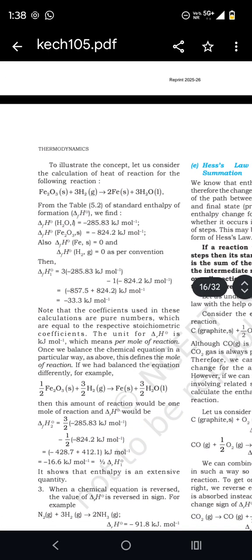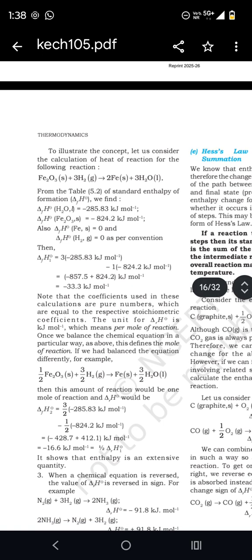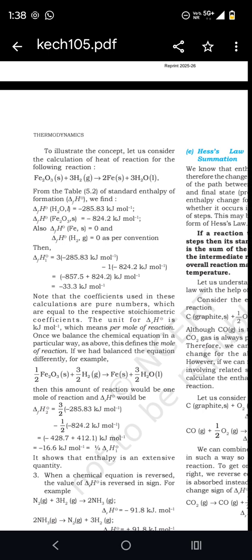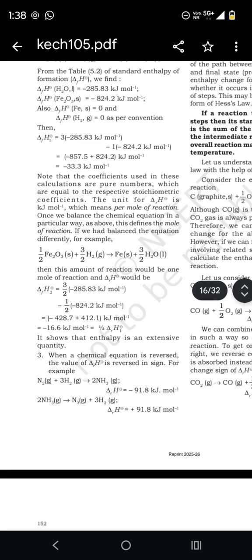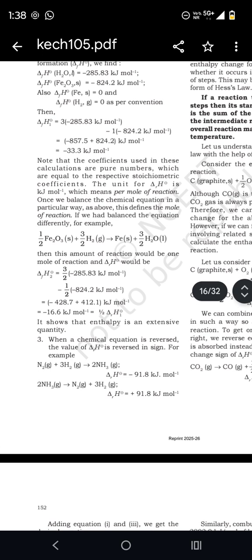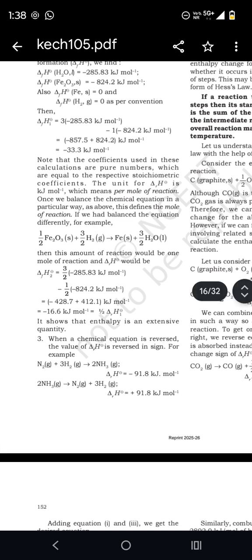To illustrate the concept, let us consider the calculation of the heat of reaction for the following reaction. From table 5.2, the standard enthalpies of formation are the following. Note the coefficients used in these calculations are pure numbers, which are equal to the stoichiometric coefficients.